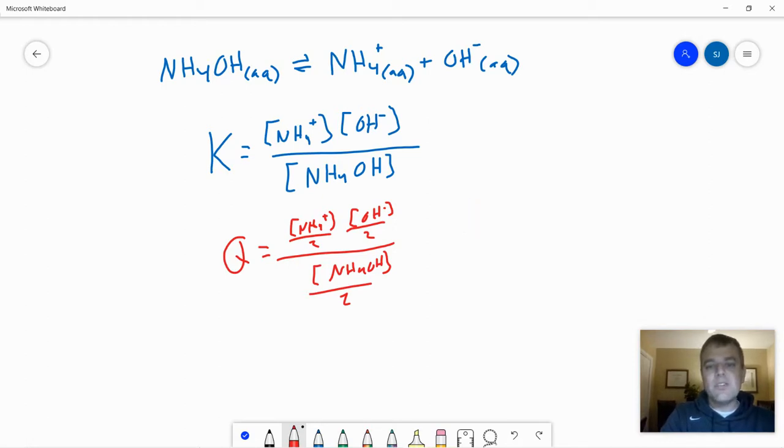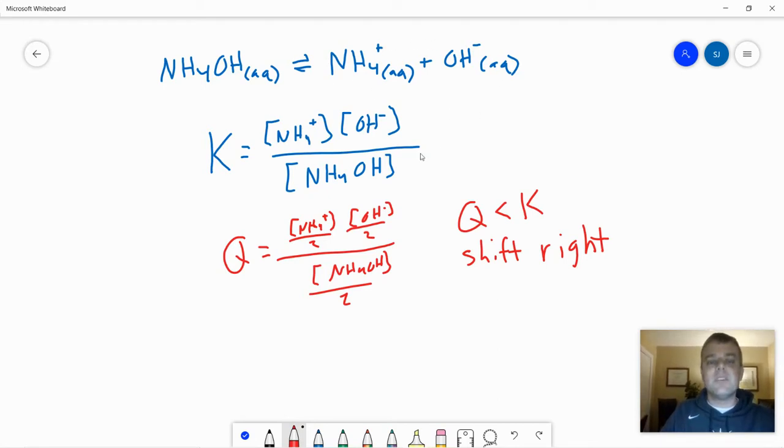So that makes Q less than K, so it would shift to the right, which goes back to what I said in the notes about if you dilute it, it will shift your equilibrium position to whichever side has the most dissolved species. This is more of a mathematical explanation of this.